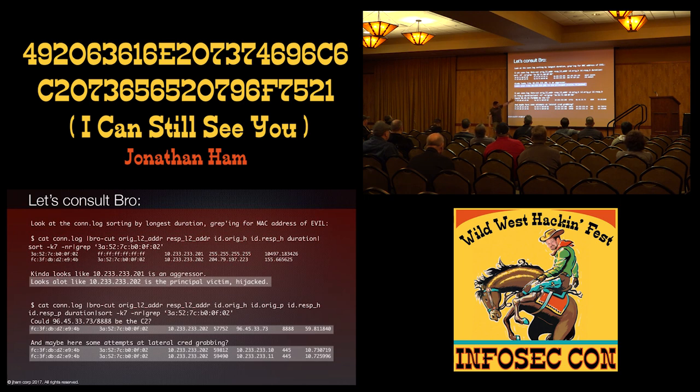So with a little more inspection in the conn log, what else can we see? Here we see 202 trying to talk outbound to an external IP address on port 8888. Now I ask again, what service lives on port 8888? By now you know the answer. What is it? Evil. Very good. So that's for sure not okay.